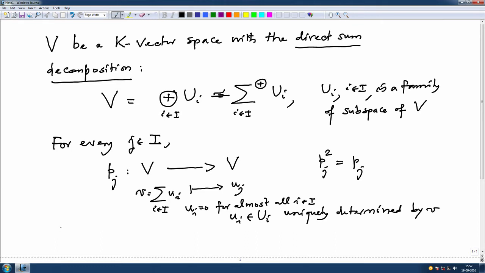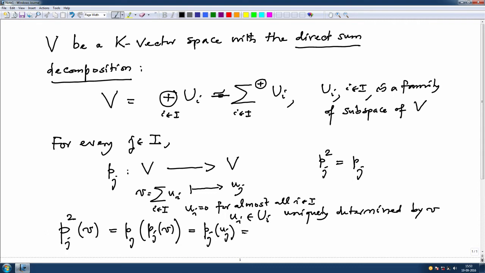So, I want to check that Pj square on V, start on any v. By definition of this Pj, this is Pj of uj, but uj is already in Uj.